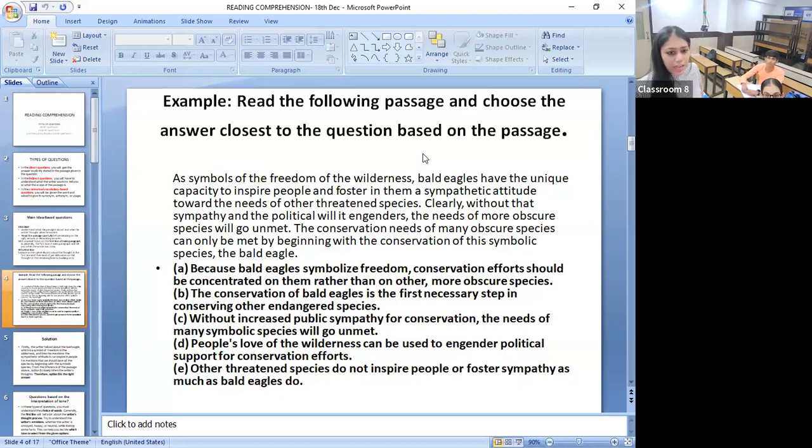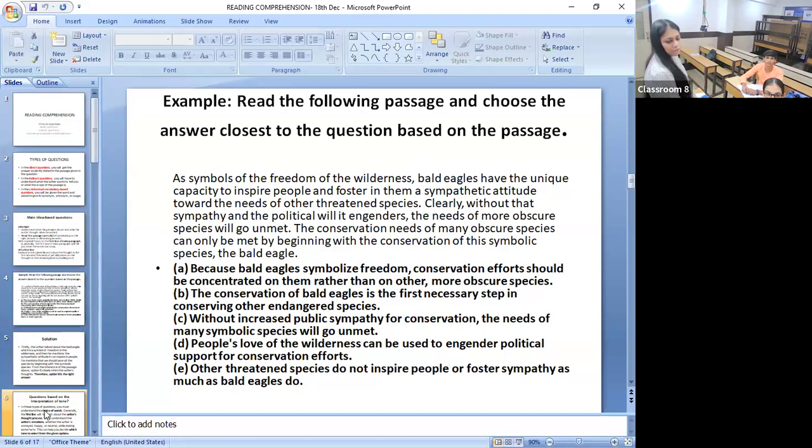Just don't get carried forward with the word sympathetic attitude, and then you would see that the C focuses on the public sympathy much more. So you have to bring out the real meaning of it. Got some idea? See, the first passages would always be difficult because it's just beginning. Eventually, you get a grip of it.